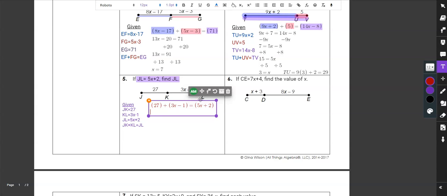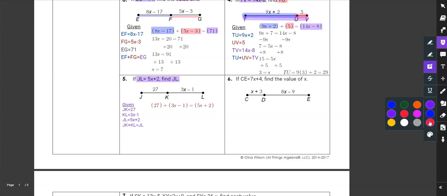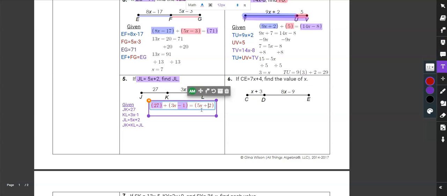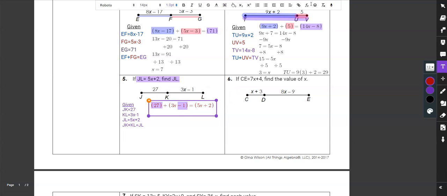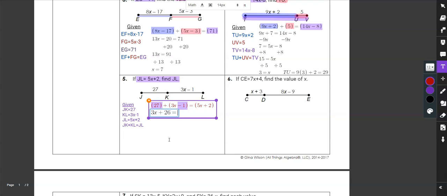So we have 27 and negative 1. So I'm going to go ahead and highlight my like terms here. So 27 and negative 1. All right, so when I combine those like terms, I'm going to end up with 3x plus 26, because 27 minus 1 is 26, is going to be equal to 5x plus 2.